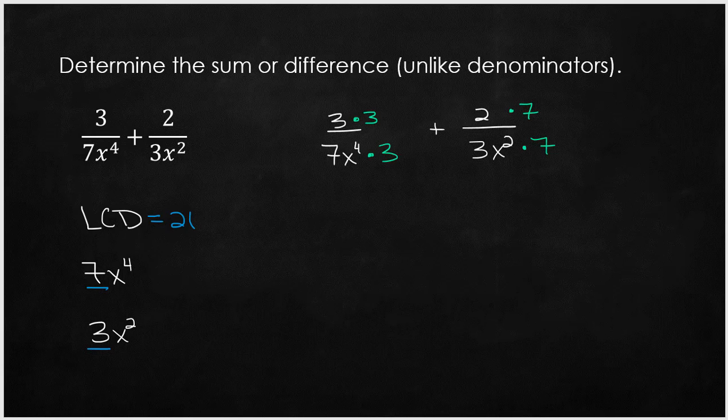Now I'm going to consider only our variable terms. The common denominator between x to the 4th and x squared would be x to the 4th. So I've got to get a common denominator of 21x to the 4th.